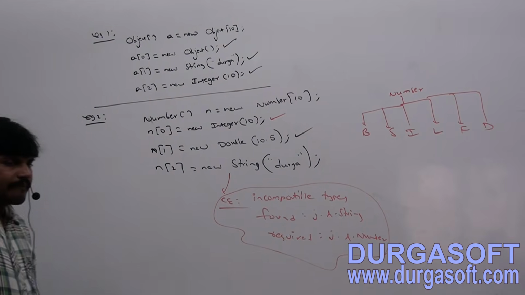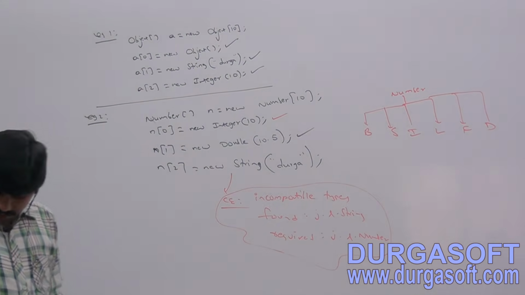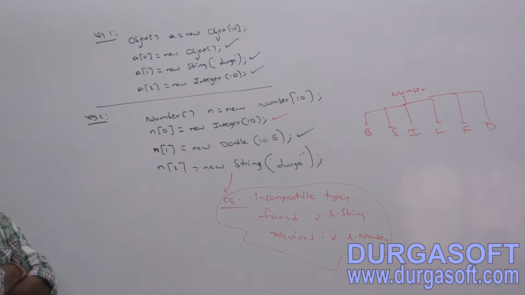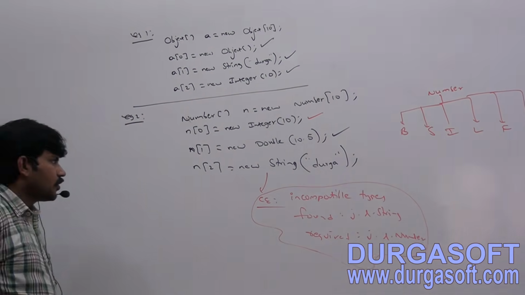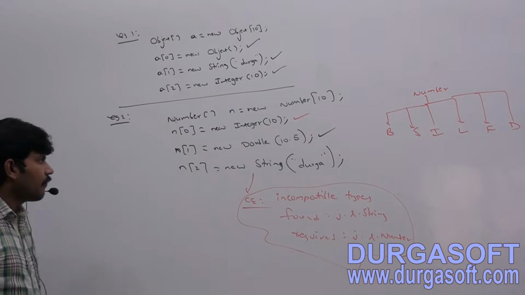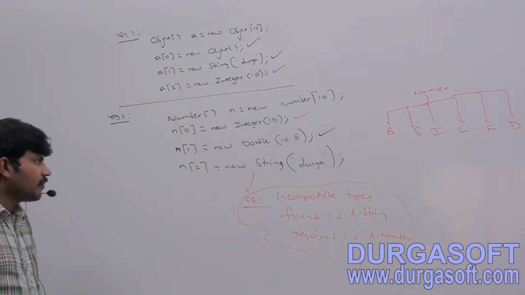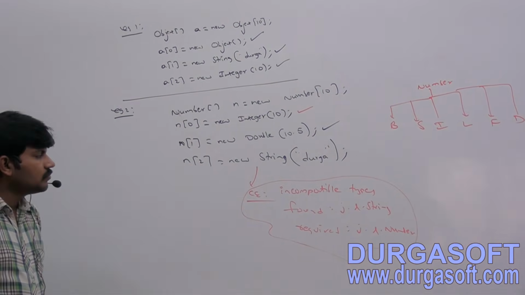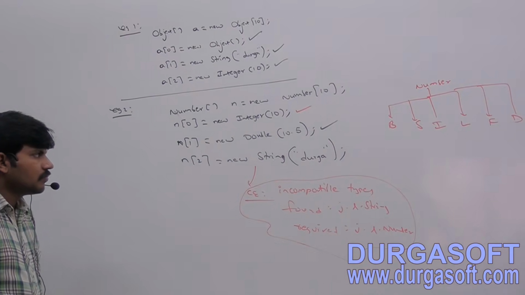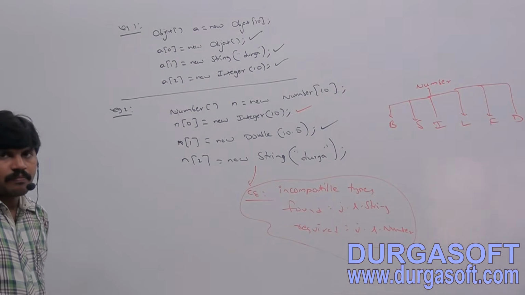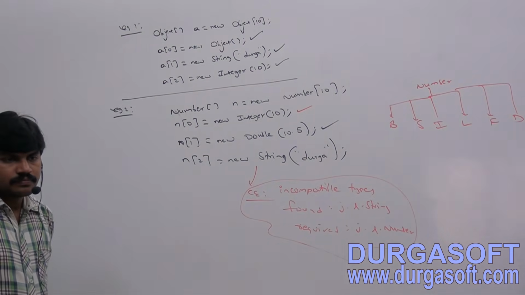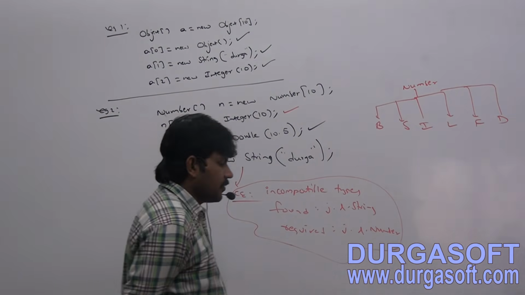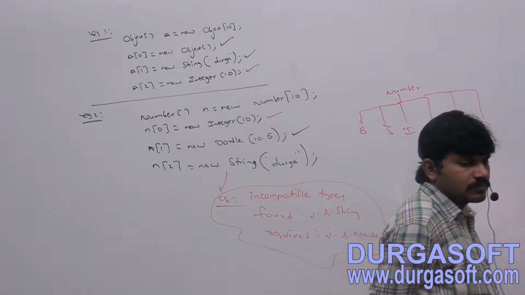Number[] n = new Number[10]. n[0] = new Integer(10), new Double(10.5). I hope that is completed.